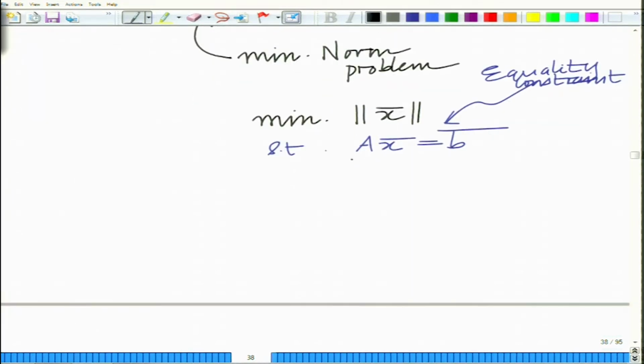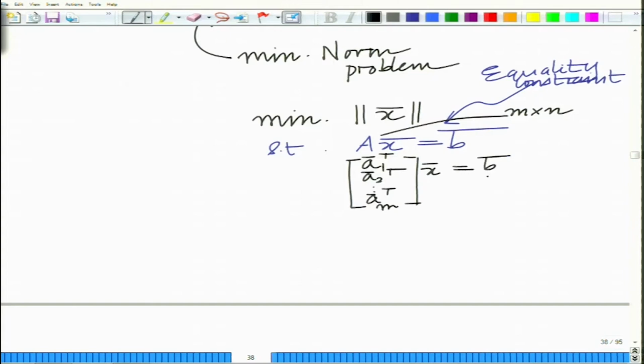Now look at this. Although this might seem like a single constraint, if A is an m cross n matrix, which means it has m rows, A1 bar transpose, A2 bar transpose, up to A m bar transpose, and x bar equals B bar.